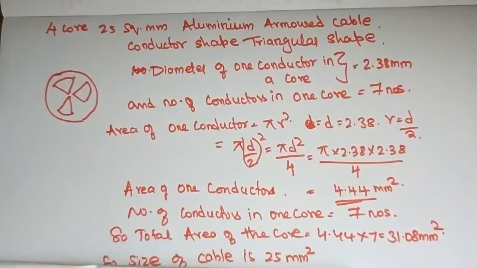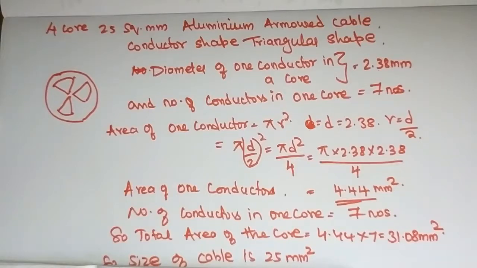The voltage grading normally refers to the maximum voltage level of the cable. For example, a cable rated as 1100 volt means this cable can withstand a supply voltage of up to 1100 volt without damage to its insulation. In other words, it is the maximum voltage that can be given to a cable.